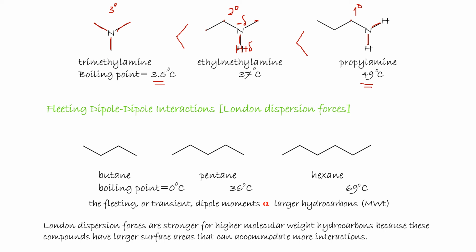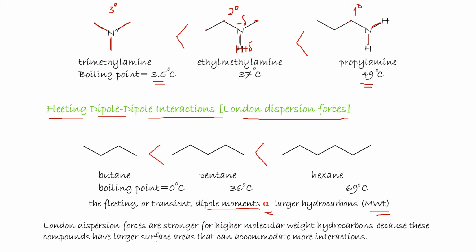So we have now covered dipole-dipole and hydrogen bonding. The third type is what we call a fleeting dipole-dipole interaction, London dispersion forces, which are the temporary dipoles. The fleeting or transient dipole moment is directly proportional to the molecular weight. So hexane has a higher molecular weight than pentane, which is higher than butane.